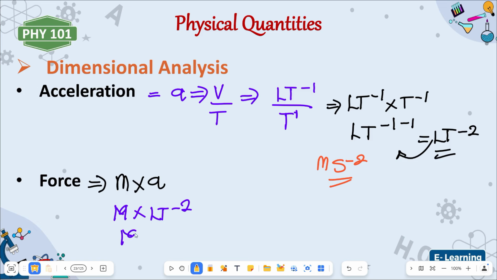So at the end of the day, force will be MLT minus 2. What do you think the unit will be? Mass is in kg, L is in meter, T is in seconds, which is why we have that. Alright? Take note of that. It's very, very important.